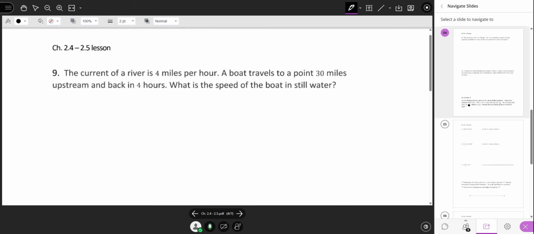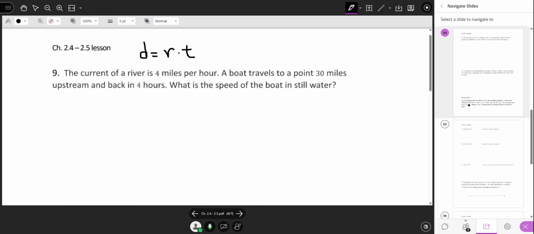So we have distance is equal to rate times time. Well, I was always used to having a time and having to figure out rate or distance.